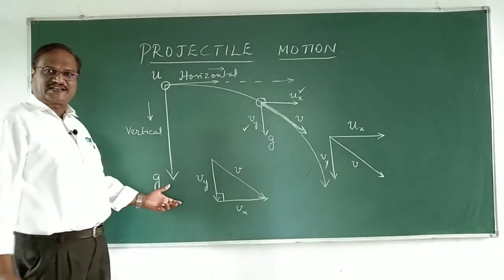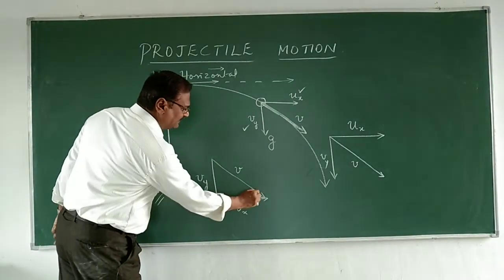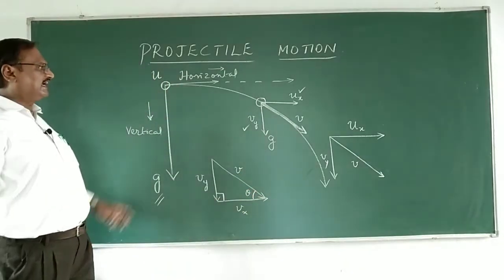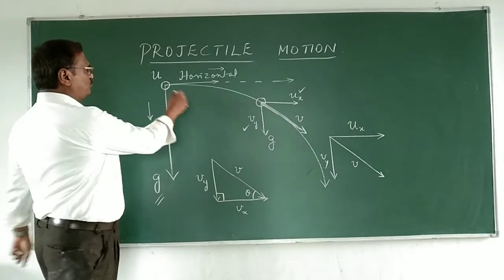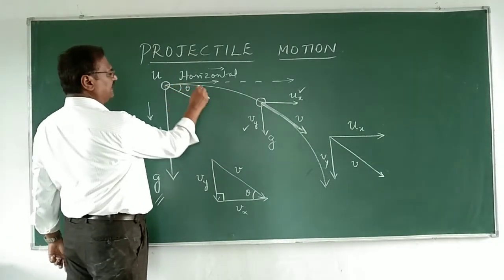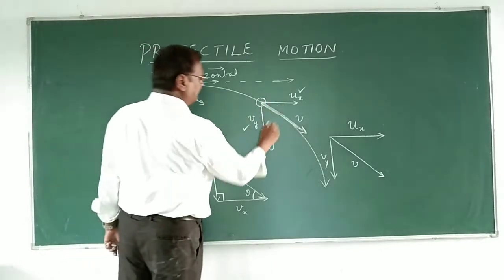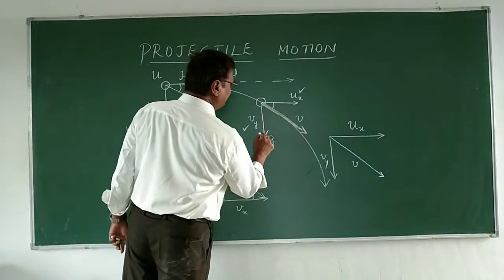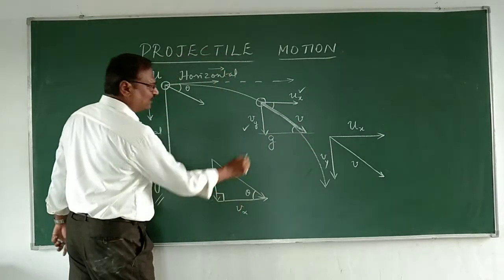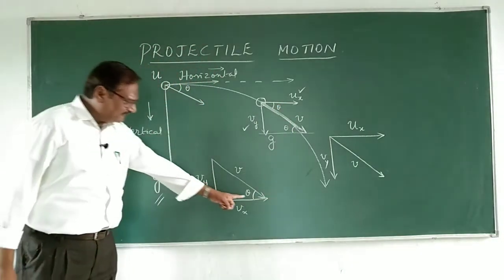What we have is a right-angled triangle, and this angle is theta. This is the angle with which the body is thrown, at any point of time. Since this is theta, the vertically opposite angle will also be equal to theta.